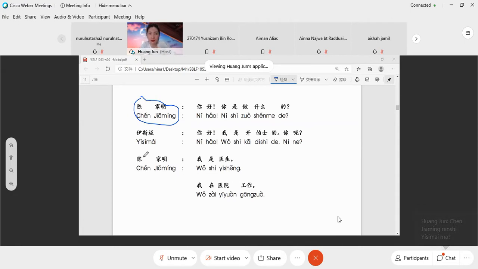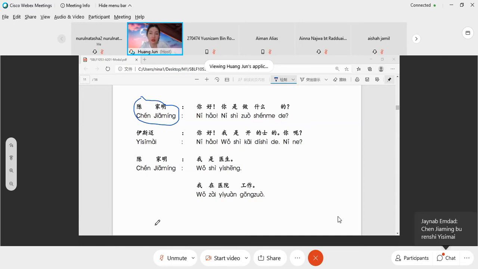Before this conversation, 陈家明认识伊斯麦吗？I already asked you to memorize all the meanings for new words in lesson 1 and lesson 2. We have two answers over here.